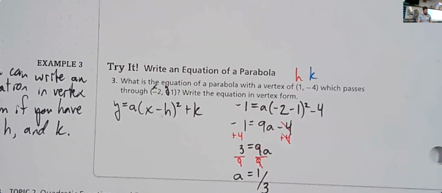All right, so we got one last thing we need to do real quick here. We need to write our answer in vertex form. So you're going to replace A with 1/3, you're going to replace H with 1, and you're going to replace K with -4.